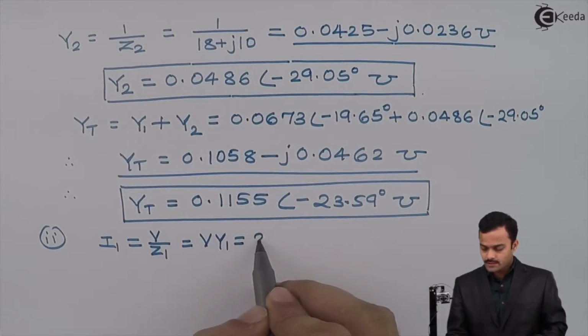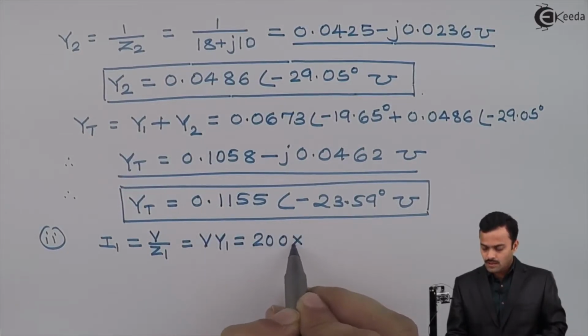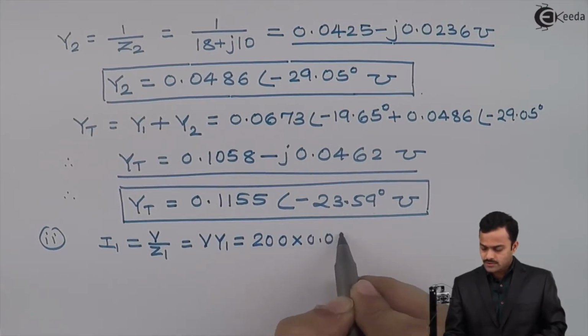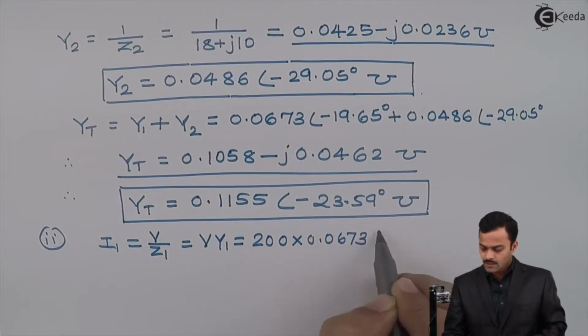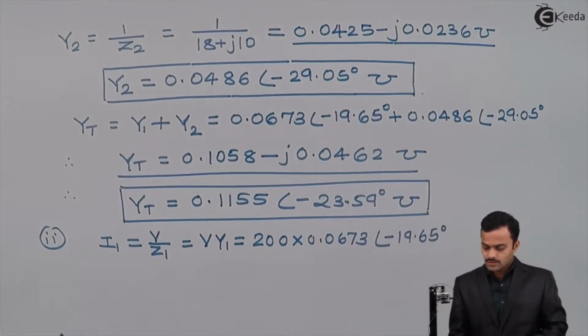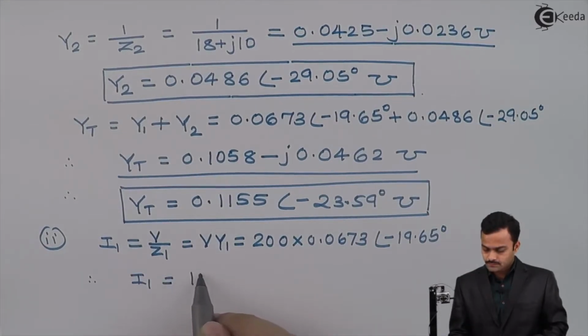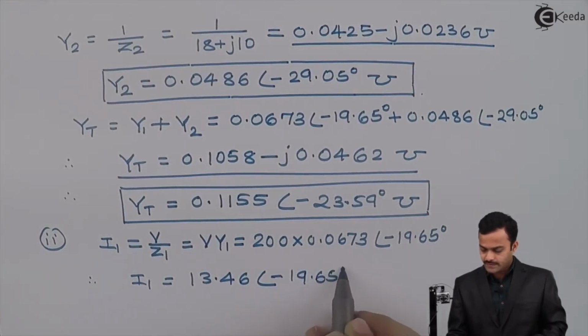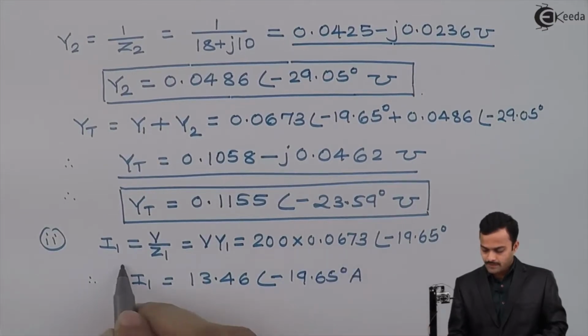V is 200 and Y1 is 0.0673 at an angle minus 19.65. If you solve, you will get I1 equal to 13.46 at an angle minus 19.65 ampere.